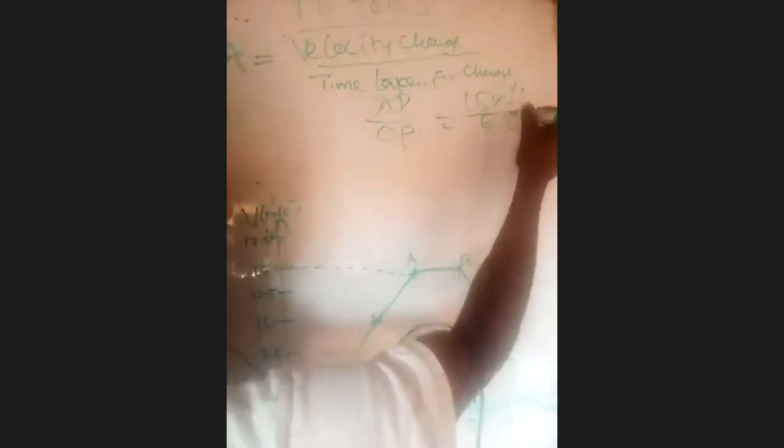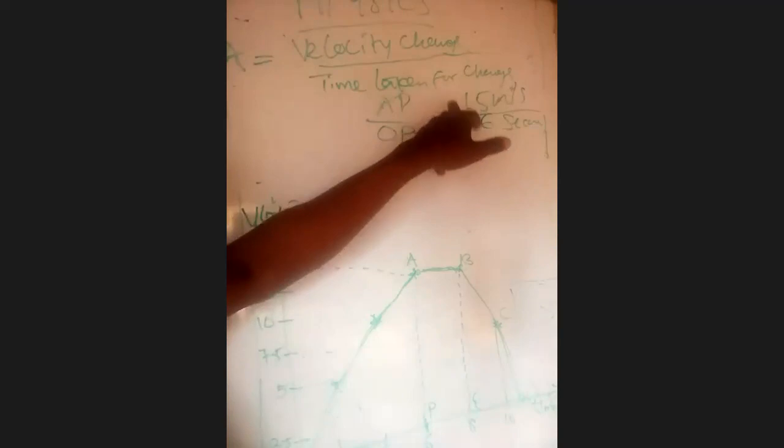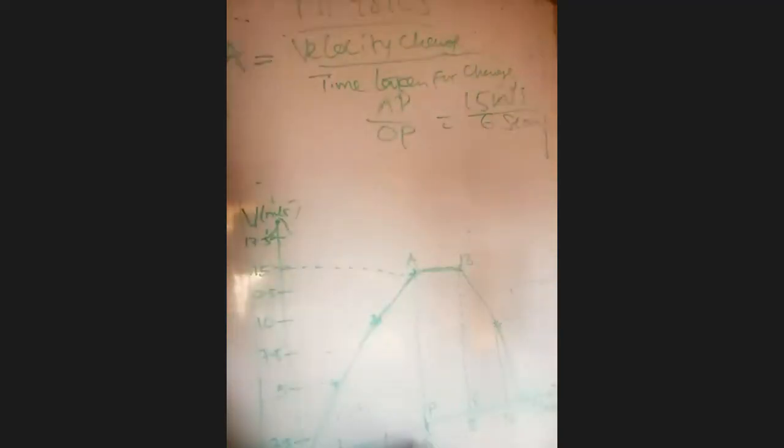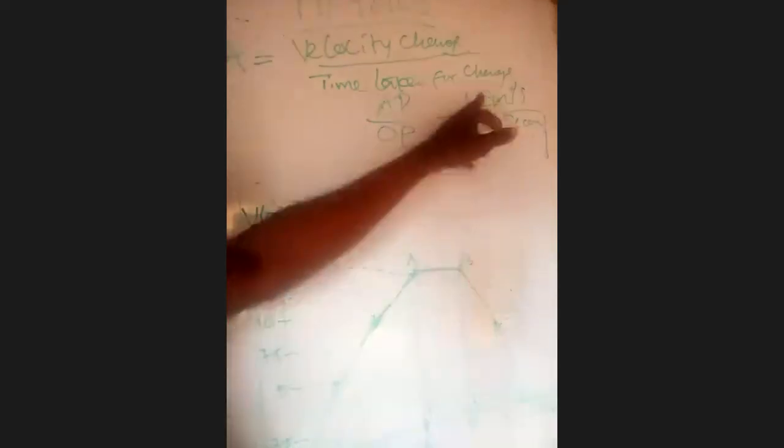If you look before it changes, the time taken for change is 6 seconds. So 15 meters per second all over 6 seconds.